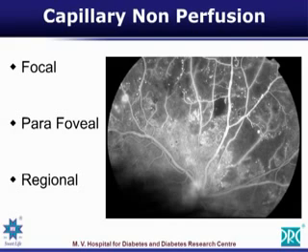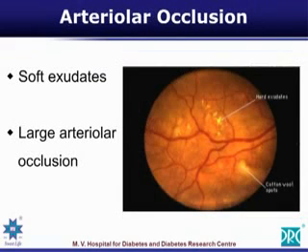And in between them, you will find ironed-out areas. These are the areas where it is clearly seen that fluorescein is not perfusing. This is known as capillary non-perfusion, and depending upon where and how it is distributed, it can be known as focal, parafoveal, or whole regional areas of capillary non-perfusion can take place.